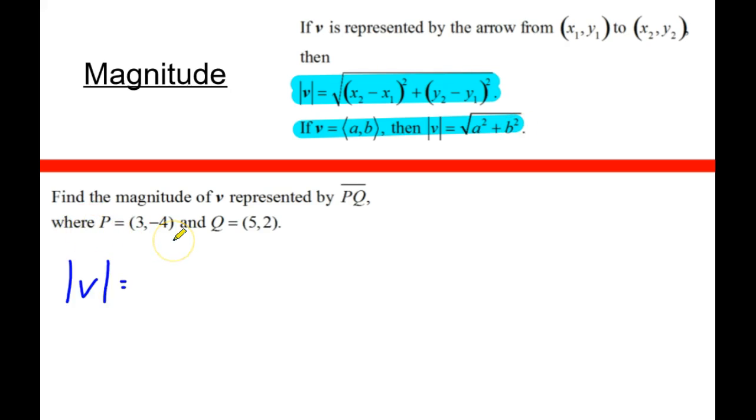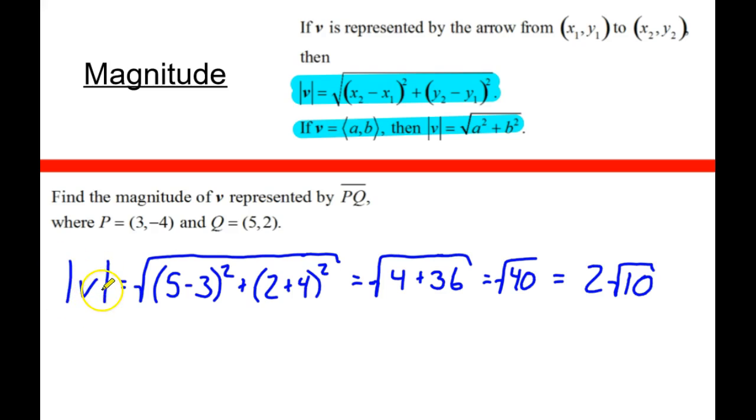Now we're going to go through an example of finding the magnitude of vector v, which is represented by the segment PQ. P is the ordered pair (3, -4), and Q is the ordered pair (5, 2). To find the magnitude of vector v, we're going to apply the distance formula to the two points that represent that vector. The magnitude of vector v is equal to the square root of (5 minus 3) squared plus (2 plus 4) squared, which we can simplify down into radical 40.